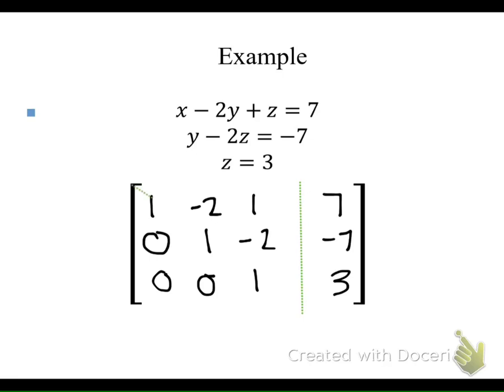So as I mentioned, it has 1s on that diagonal of the square part of the matrix. And then down in the bottom, I have a triangle of zeros.